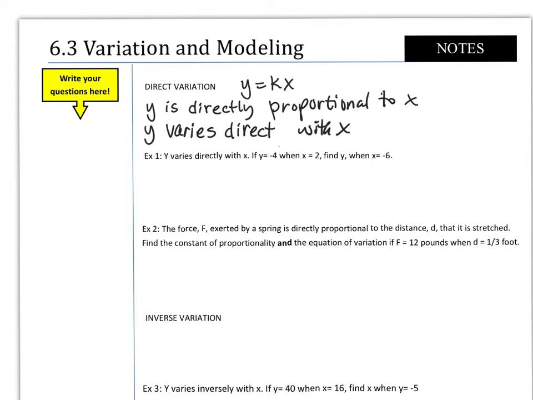That variable k is called our constant of proportionality.